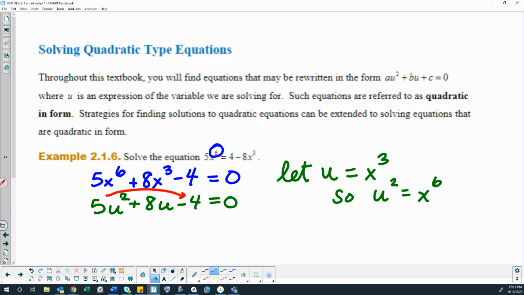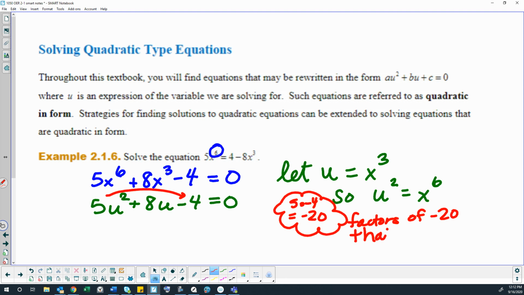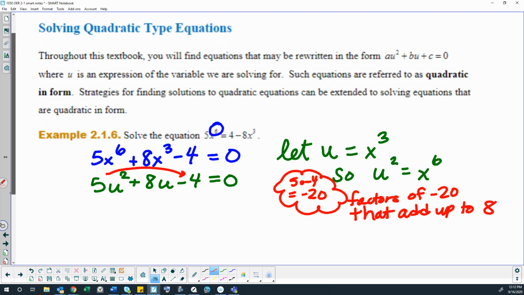Teachers have different ways of showing factoring, but I'll show you what I usually do. So 5 times negative 4 gives me negative 20. I need factors of negative 20 that add up to 8.